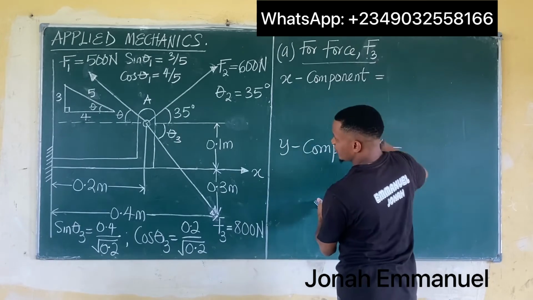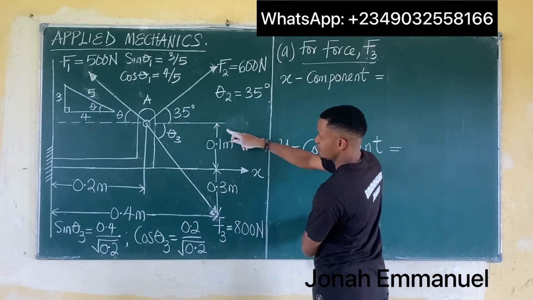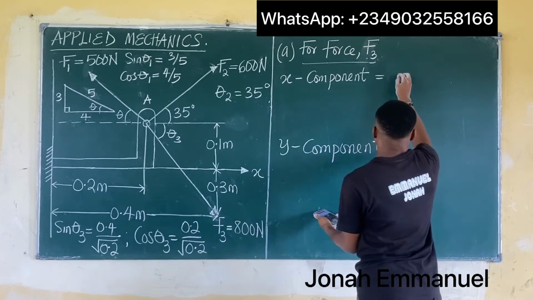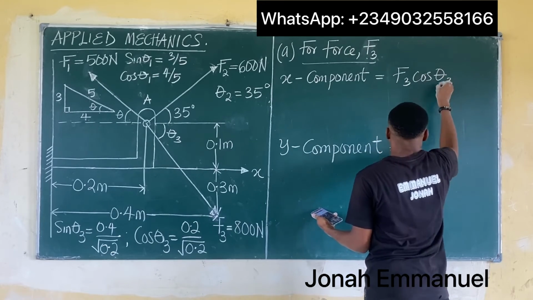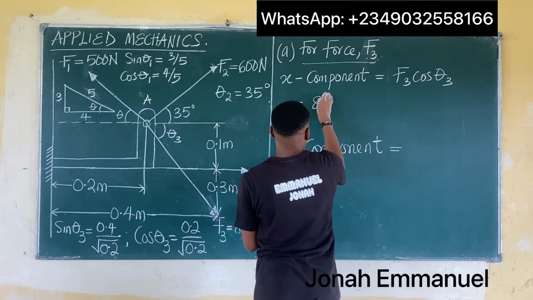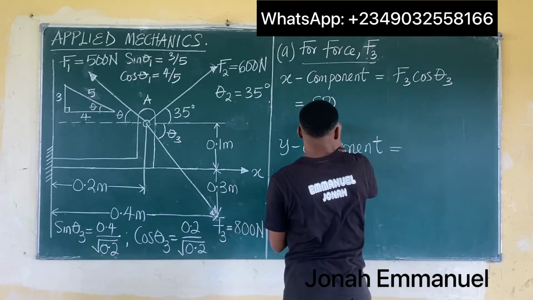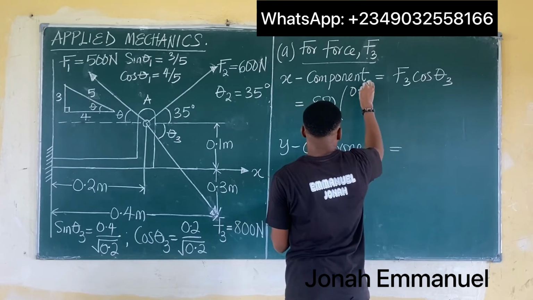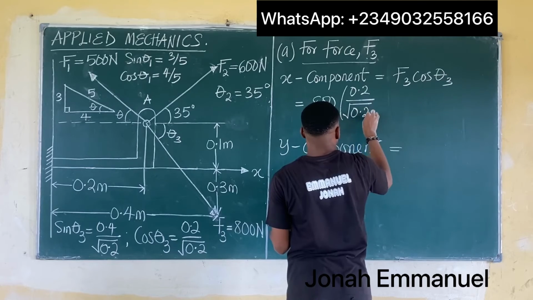For force F3, we have that the x component, resolve this horizontally, is positive. So we have F3 cos theta 3, and that's equal to 800 cos theta 3, here it is 0.2 all over root 0.2.